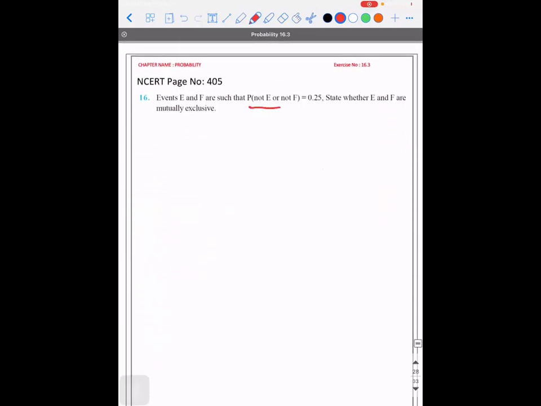So E and F are such that P of E dash intersection F dash, that is P of E union F the whole dash, is 0.25. That is nothing but 1 minus P of E union F. State whether E and F are mutually exclusive events. So for them to be mutually exclusive events, what should have happened?